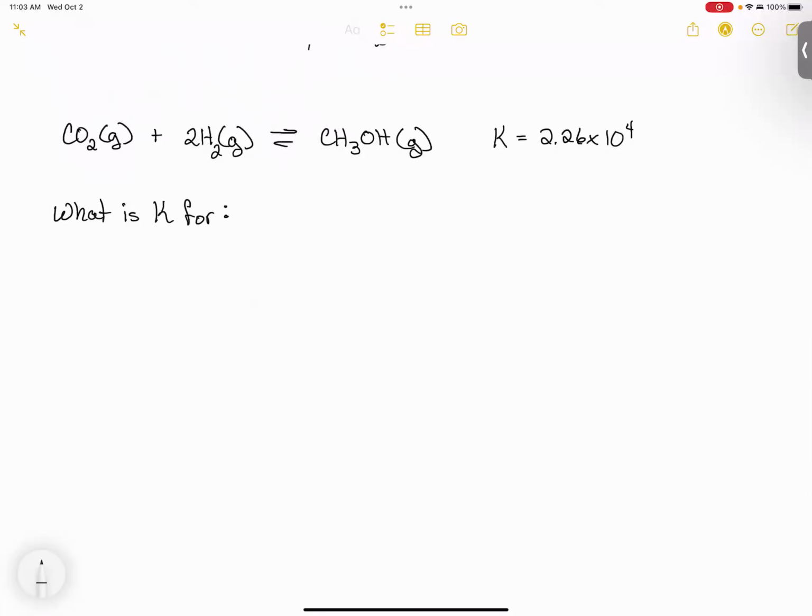The first one is we're going to determine the equilibrium constant for methanol dissociating into carbon dioxide. That was supposed to be carbon monoxide. I apologize, it didn't balance. And 2 hydrogens.